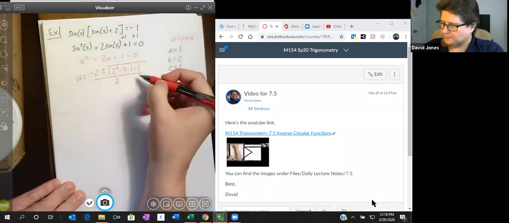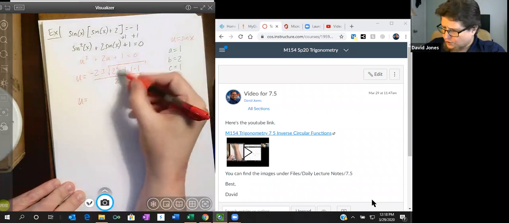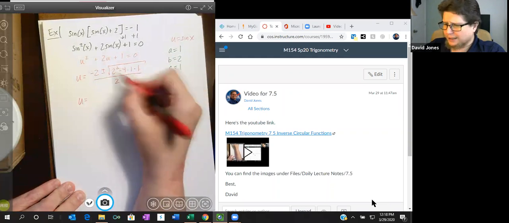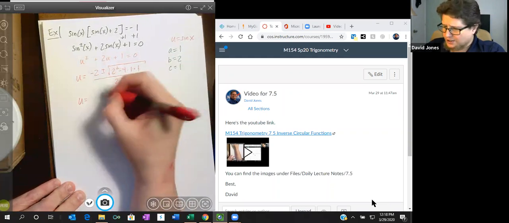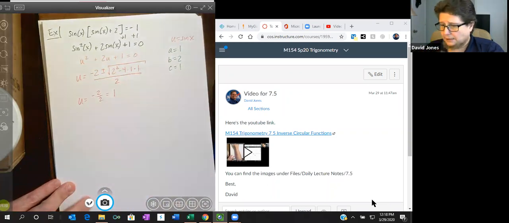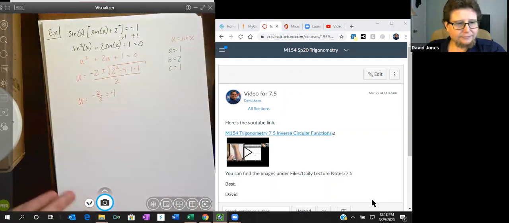What do we get? U equals, 2 squared is 4, and 4 times 1 times 1 is 4. 4 minus 4 is 0. This is just negative 2 over 2, which equals negative 1. And where does that occur?